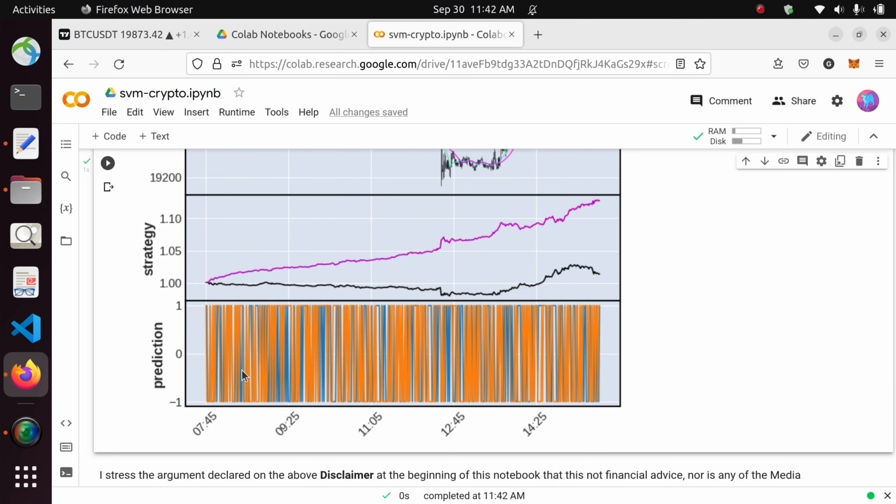Yeah, so in this prediction plot in the chart, the orange one is the predicted sign on the logarithmic rates of returns for the specific candles, and the blue is the actual sign.